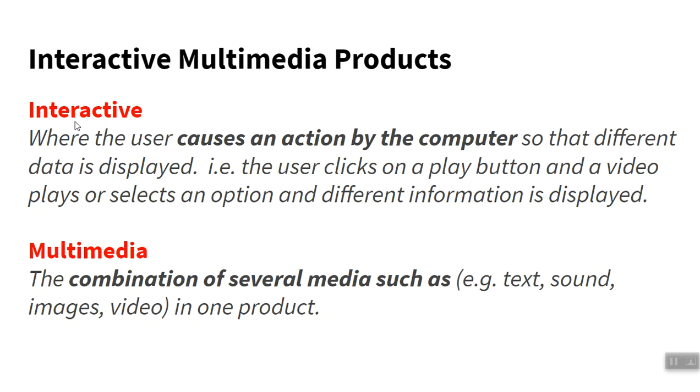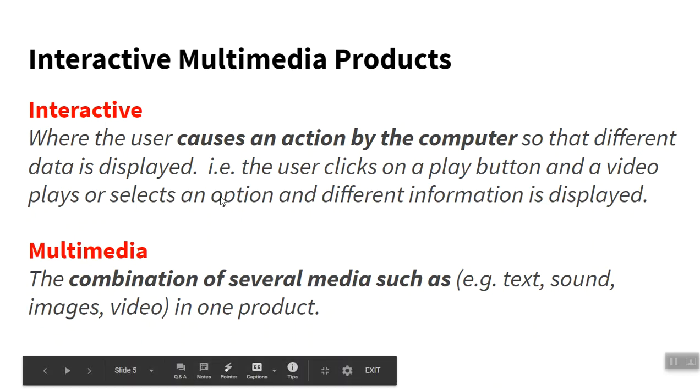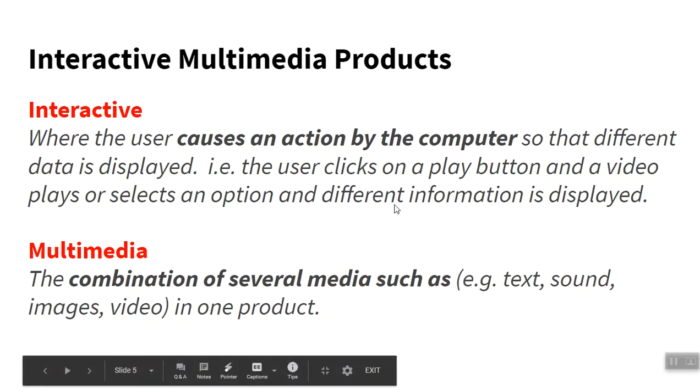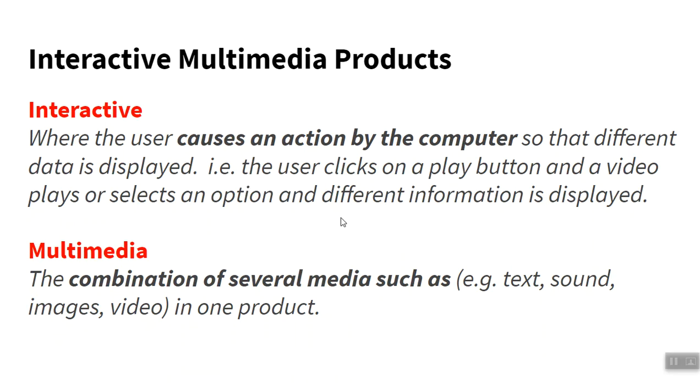So an interactive multimedia product combines elements of these things. The user can interact with it, and they would expect to see at least two of these elements. So hopefully that gives some idea of what interactive and multimedia means.